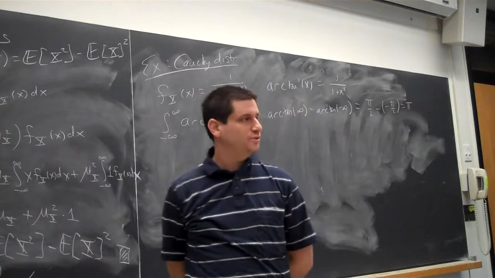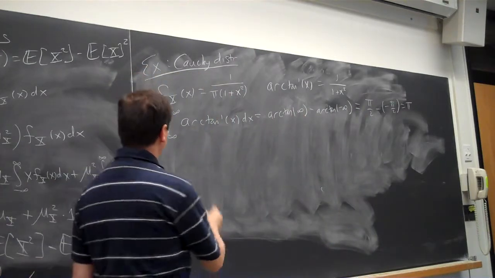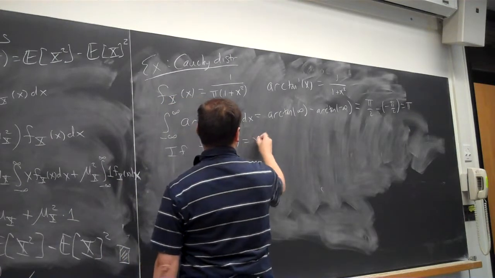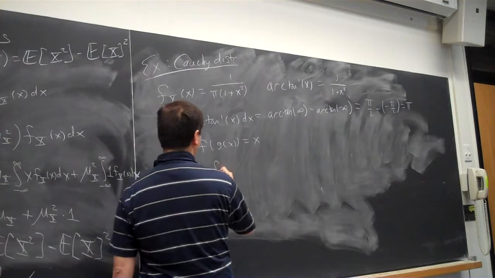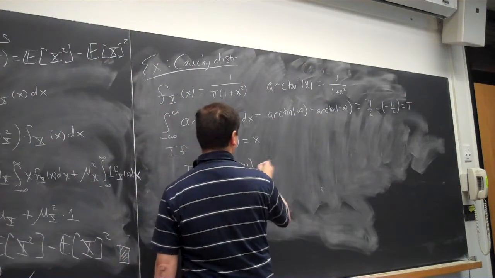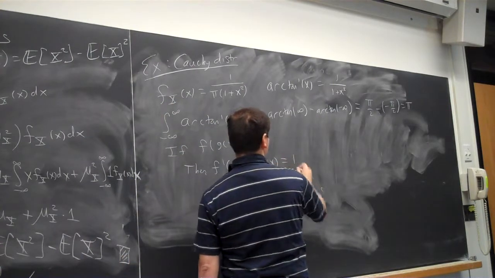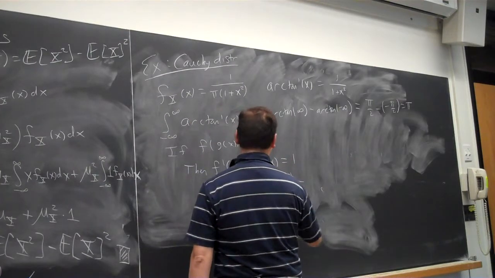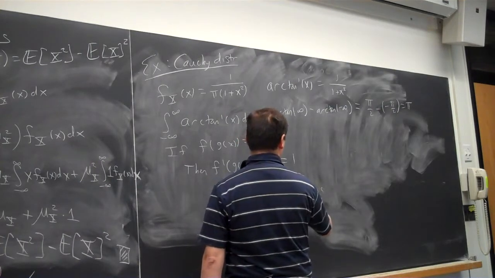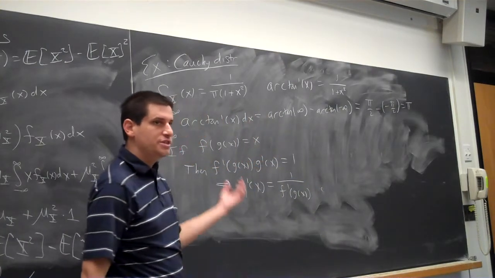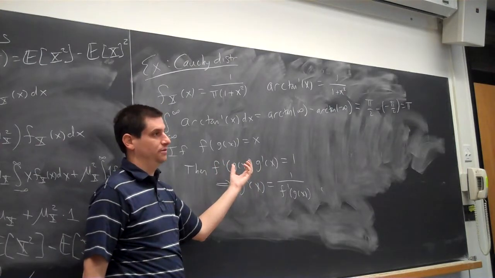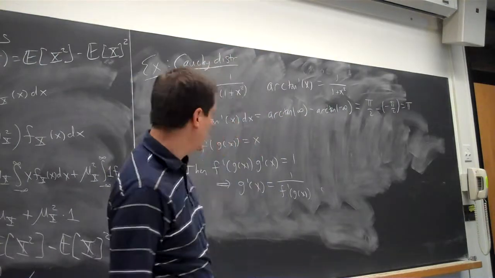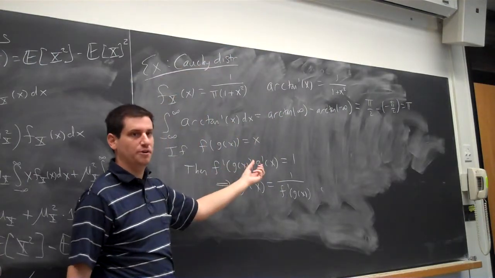So the question is, how do I prove that the derivative of arctangent is this? If you have f of g of x equals x, then the chain rule tells you f prime of g of x times g prime of x is 1. Therefore, g prime of x is 1 over f prime of g of x. This is how we actually get the derivative of the natural log, by knowing the derivative of the exponential function is the exponential function, and looking at the exponential of the natural log.